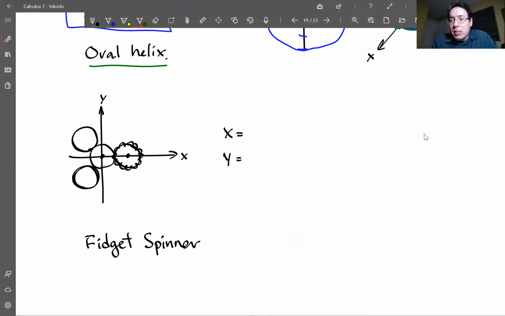Let's look at the fidget spinner curve. So this was a two-dimensional curve, so let's focus on 2 dimensions. It was made up of 4 gears of the same radius. So let's just make the radius of each gear 1 unit long.